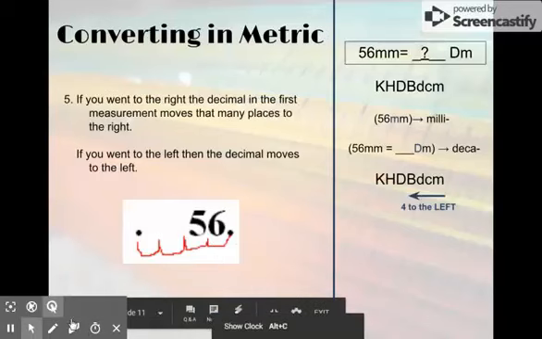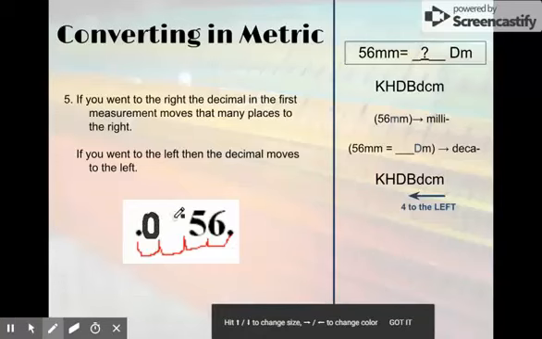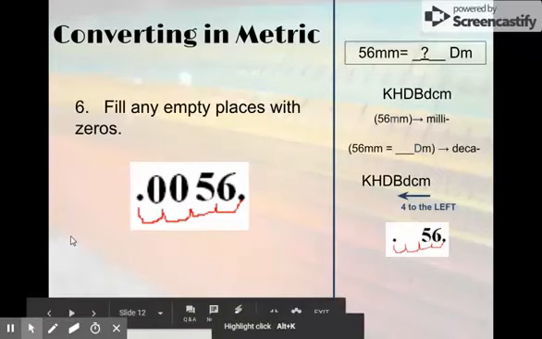And then I'm going to fill in any empty spots with zeros. So 0 and a 0. So my answer that I'm going to report is going to be 0.0056. So 56 millimeters equals 0.0056 decameters.